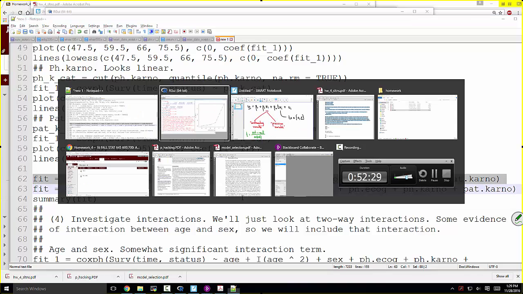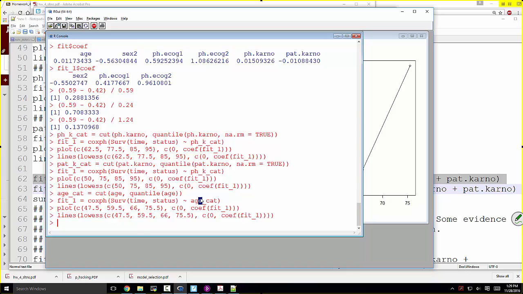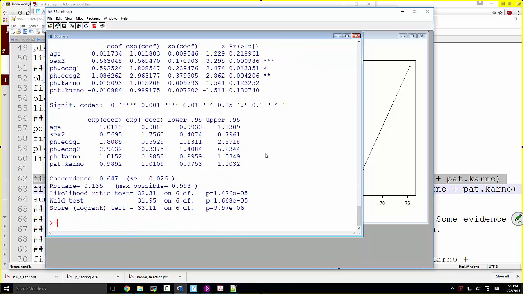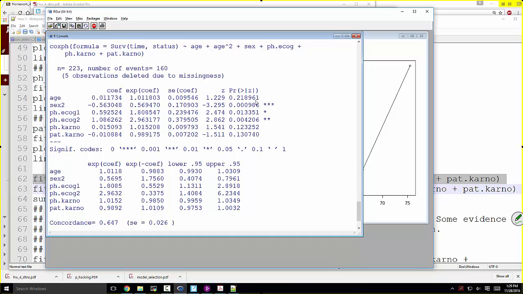If I do that, even though it seems like that should work, what we end up with is no age squared term in there. So R does not recognize arithmetic in a formula.